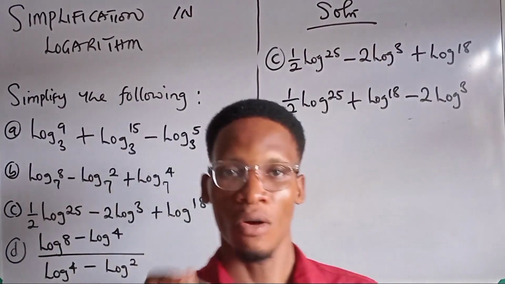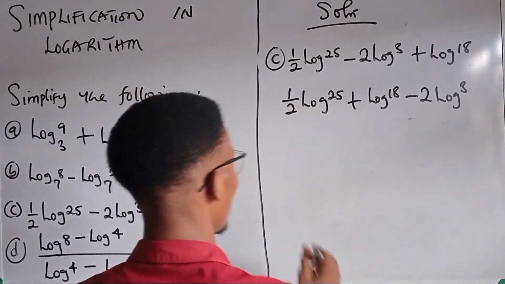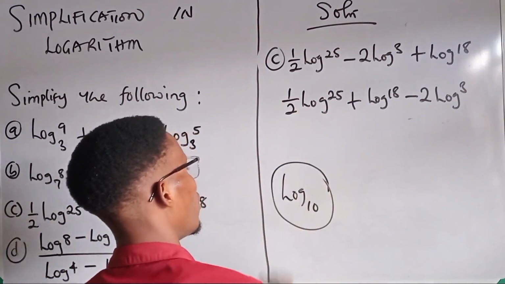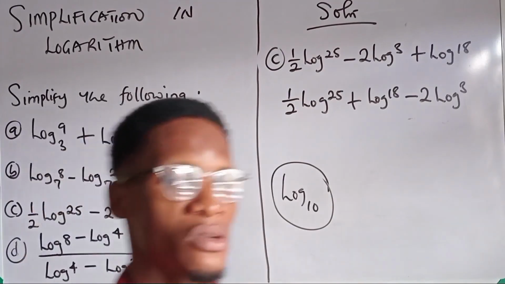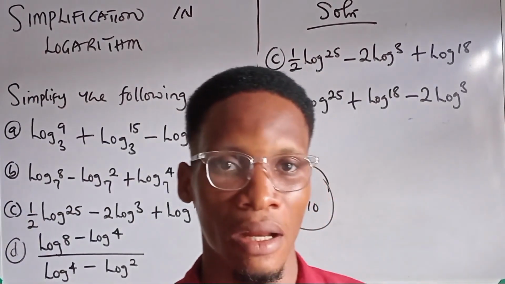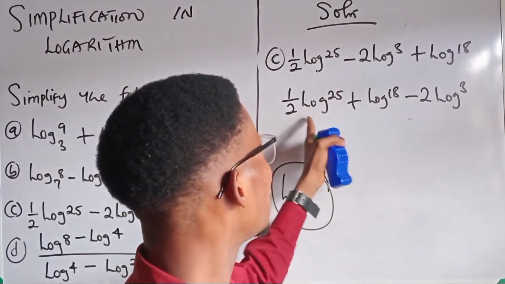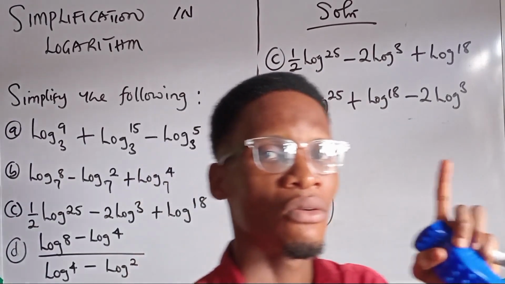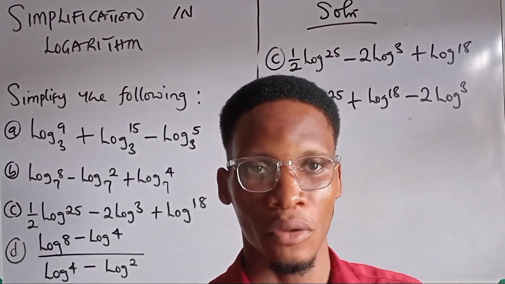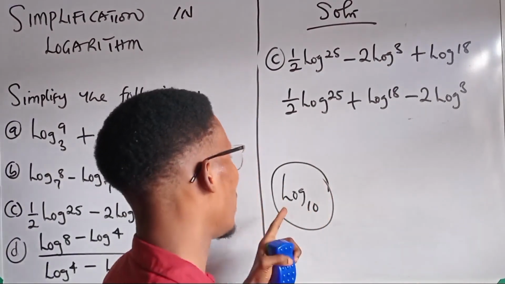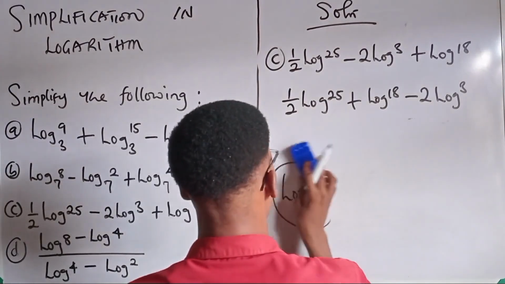The natural base of logarithm, we say it is log of 10. This is the natural logarithm. So it means that each of these is having log of 10, but they are not showing there. So when it is not shown, it is log of 10. That's what it is.